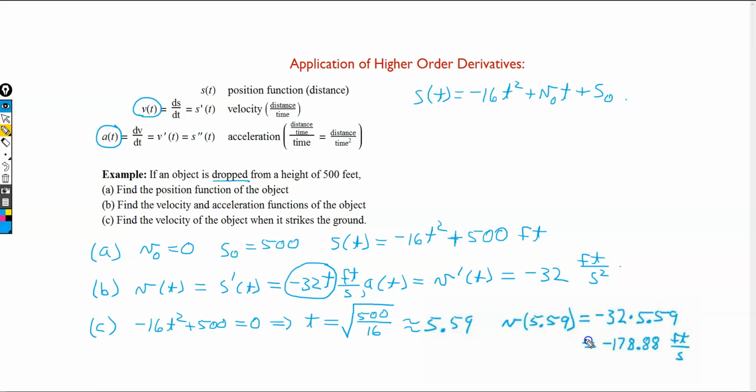And that comes out to be negative 178.88 feet per second. And so that is the velocity of the object when it strikes the ground, negative 178.88 feet per second. Notice it's negative because it's falling towards the ground, which is the starting point for our measuring system.